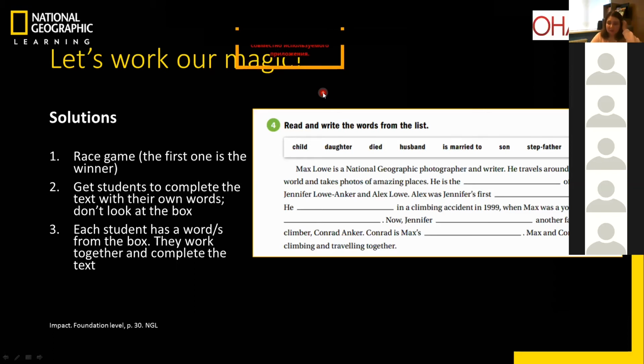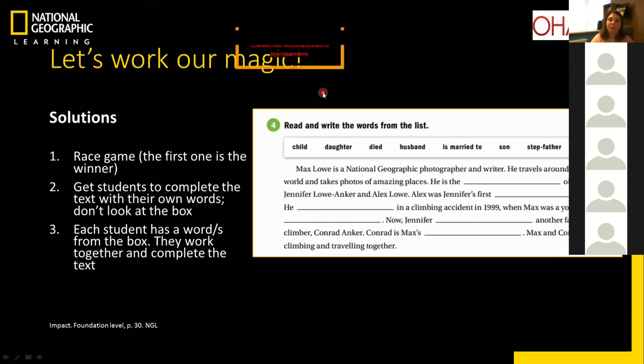Again, they will be practicing this target vocabulary, but they will be working on it together. It will be group work. They will share their ideas, and this activity will be fun. And as I told you, it will also encourage collaboration and teamwork.